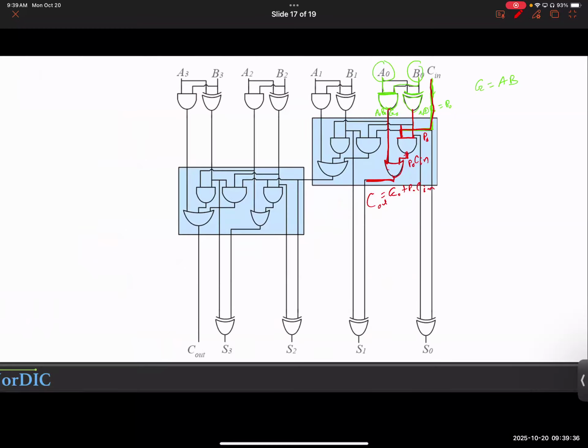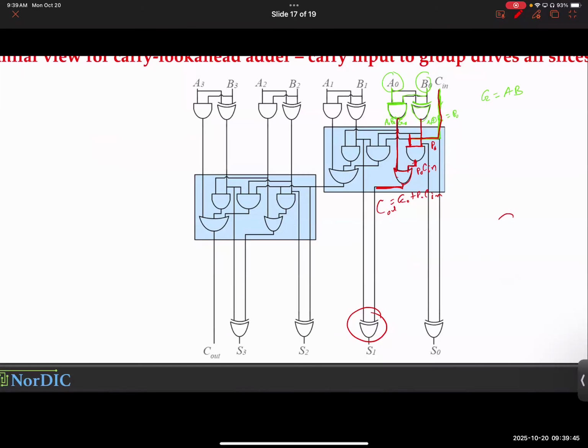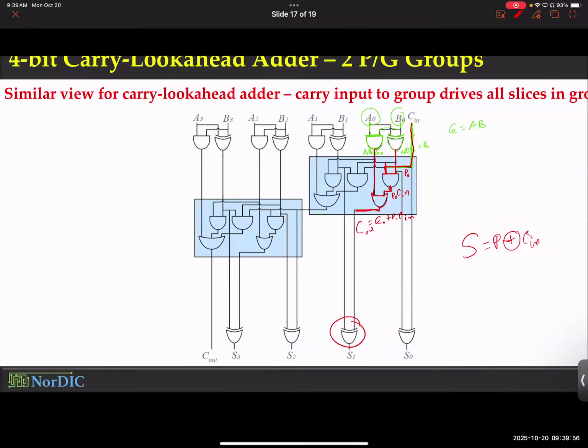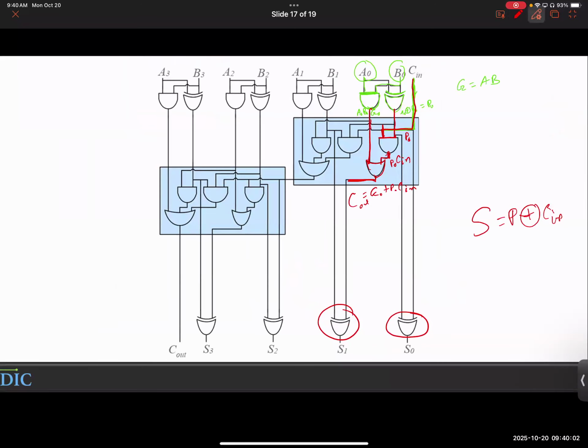Okay, and by the way, you notice, you calculate the sum. How do you calculate sum, folks? Do you remember the expression for the sum? Propagate XOR carry in. That was the expression. Can anybody help me understand how that is being done here? Notice there is an XOR gate sitting here. Sum 0. Let me erase everything. This is the XOR gate that I'm talking about.